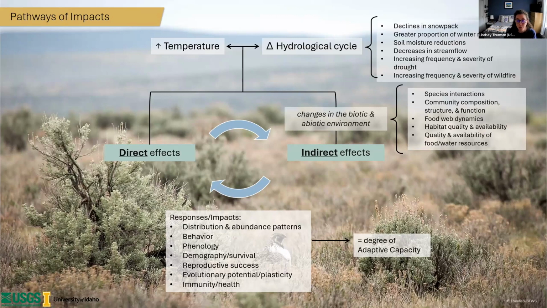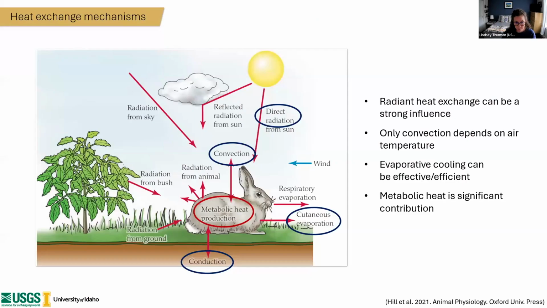And whether or not those changes are adaptive or maladaptive really can determine the degree of adaptive capacity for those species in the face of climate change. And we'll talk more about adaptive capacity later as well. But we just wanted to give you a frame of reference for some of the concepts we'll be presenting on for the remainder of the webinar. And I'll turn it over to Janet to share this slide.